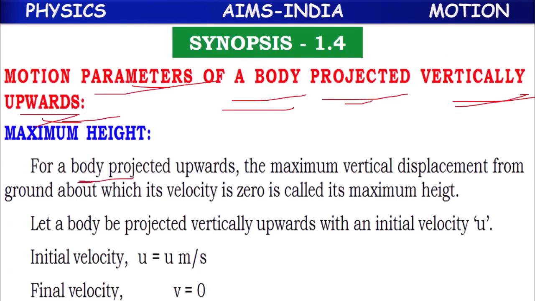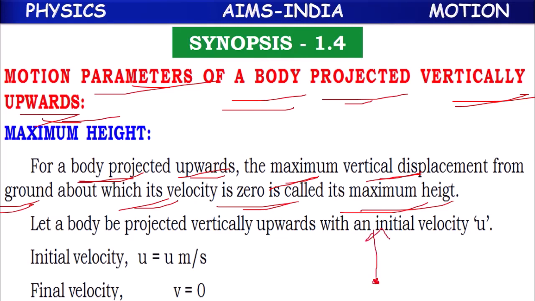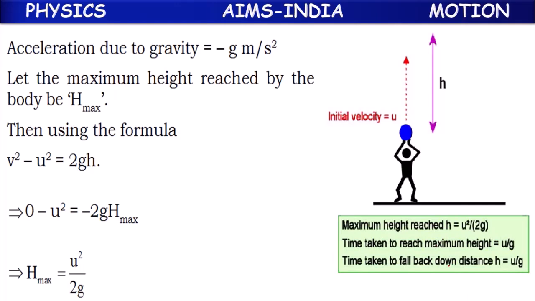So for a body projected upwards, the maximum vertical displacement from the ground at which its velocity is 0 is called maximum height. If you throw any body vertically up like this, because you are throwing it up, in the beginning it will have some initial velocity like 40 meter per second, 30 meter per second.